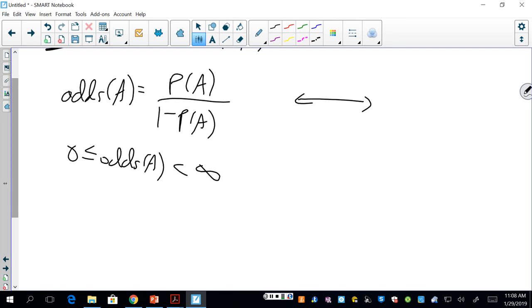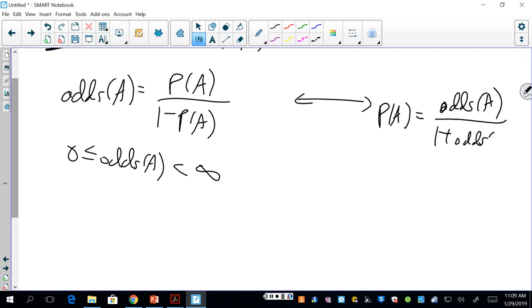You can invert this, and if you have the odds of A, then the odds of A over 1 plus the odds of A, if you put the formula for the odds in there, you end up getting the probability back, so there's a way to convert.